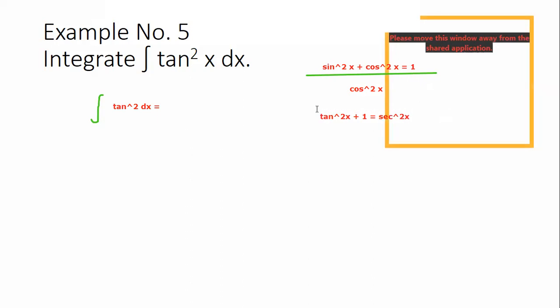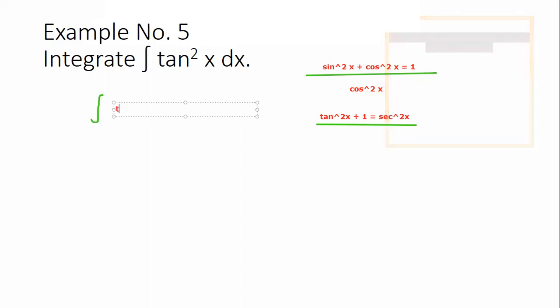So this will be the formula that we're going to use for tangent squared x. Let me erase this. So this will be tangent squared x.